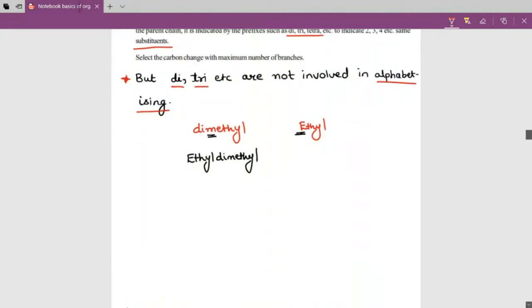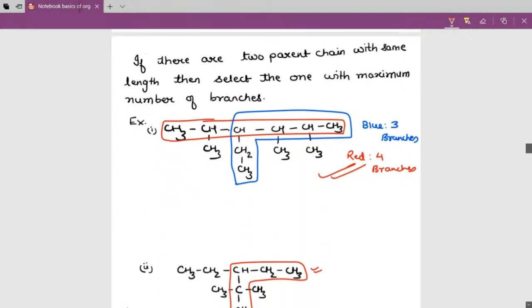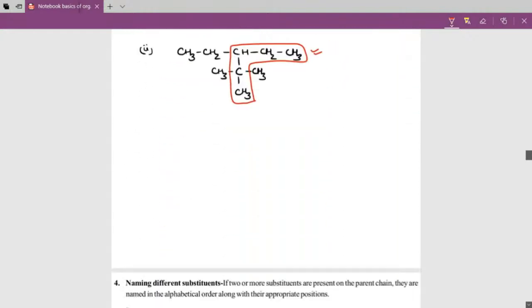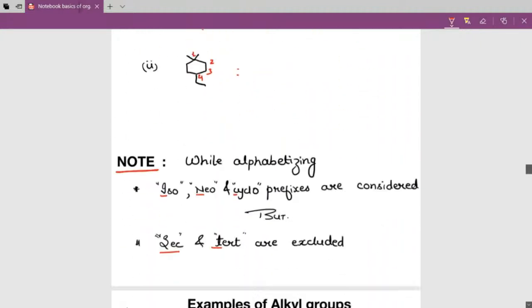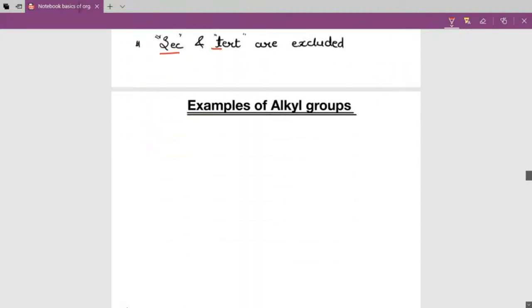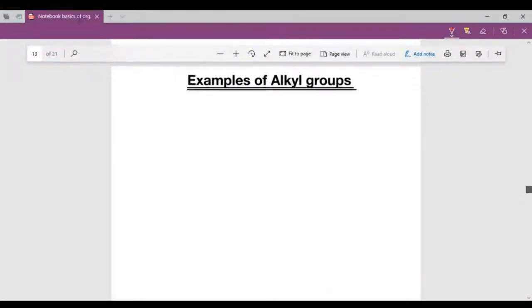Please read your class notes. For IUPAC nomenclature, practice those molecules which are as per the IIT syllabus. We will start our class tomorrow from here. Examples of alkyl groups, how to name alkyl groups. We'll start our work tomorrow from here.